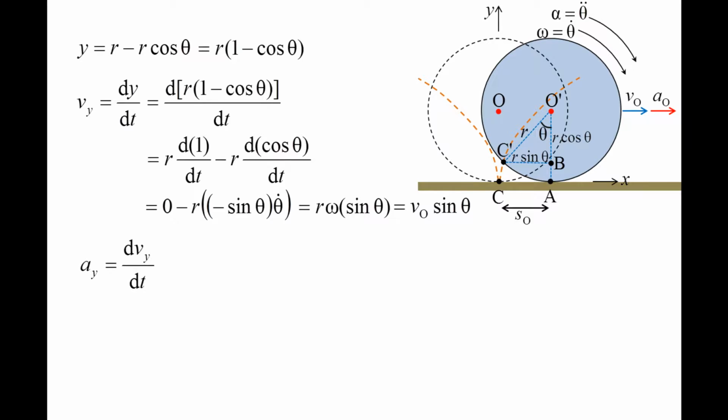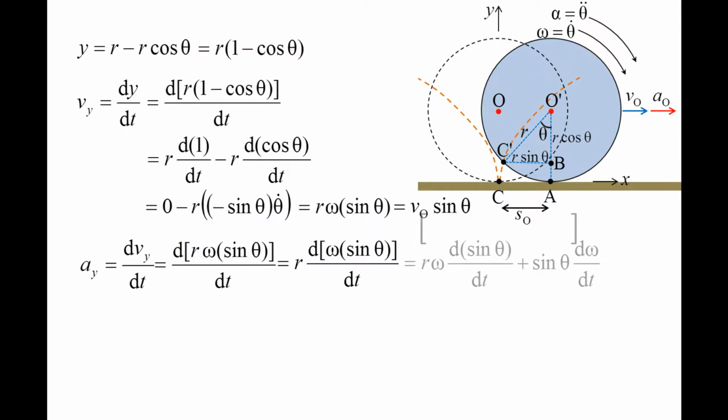The y-component of the acceleration AY is equal to the time derivative of Vy. So we plug in the expression for Vy that we just derived, r omega times sine theta, and pull r out of the derivative because it is constant. We now use the chain rule to evaluate the derivative.